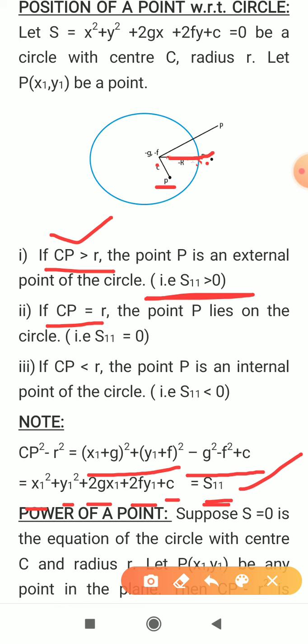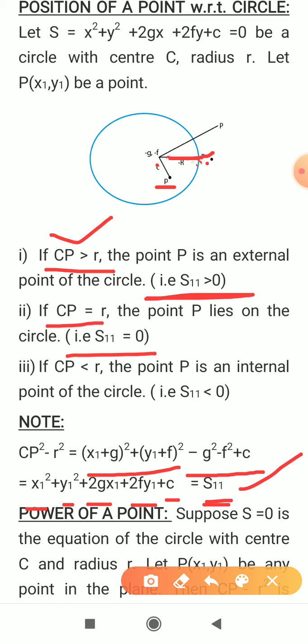CP square minus R square is equal to 0. CP square minus R square is nothing but S11. So S11 is equal to 0 is the condition. If we substitute the given point in the LHS of the circle, that is x1 square plus y1 square plus 2gx1 plus 2fy1 plus c, if that value is 0, then we say that the given point is on the circle.